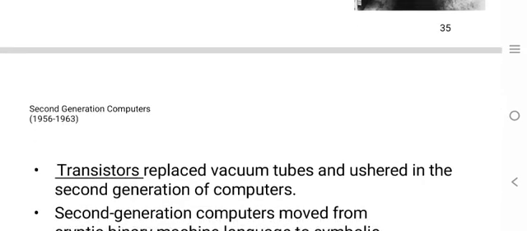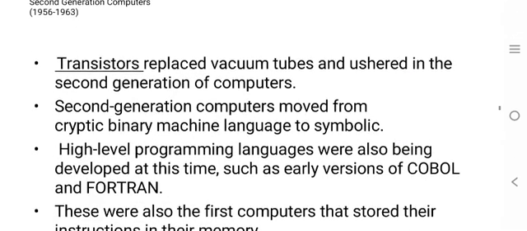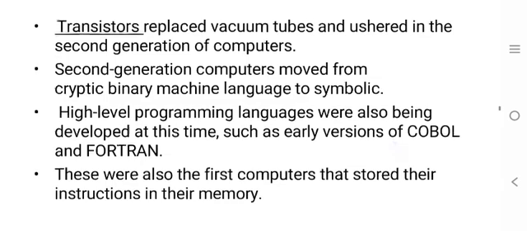The second generation computer was developed from 1956 to 1963. The second generation computer used the transistor, which made computers smaller and more reliable. Here the transistor replaced the vacuum tubes. The second generation computer used higher programming languages like COBOL and Fortran.